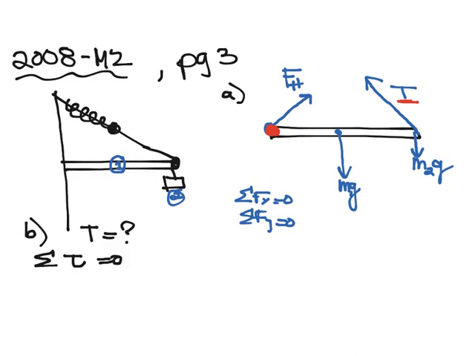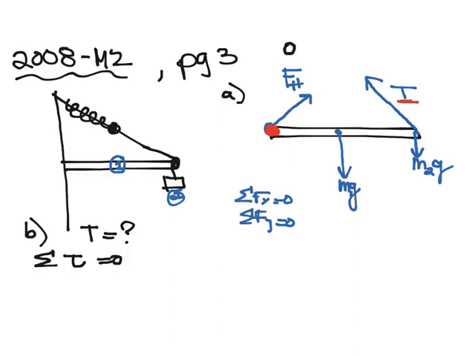Okay, so I'm going to put my pivot point right there, and then I'm counting up whether the torques are positive, negative, or 0. The torque for FH will be 0 because the distance between my pivot point and FH is 0.